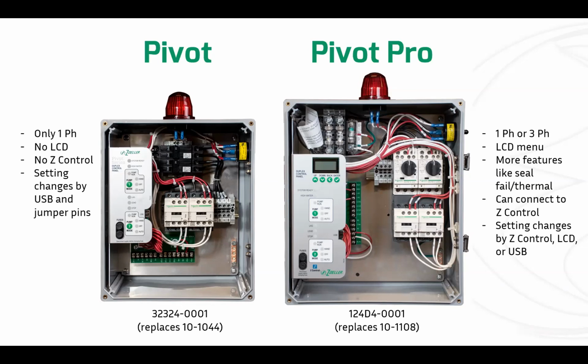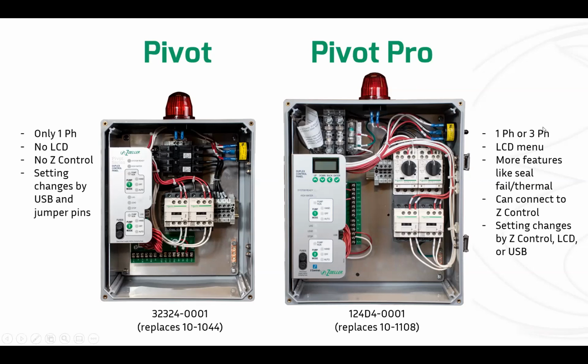It's single phase and three phase. It has the menu and the buttons so that you can navigate through a menu, and that gets you statistics, counters, all the ability to change configuration settings. It's all right there at your fingertips, instead of having to put it on a thumb drive and insert it into the USB.